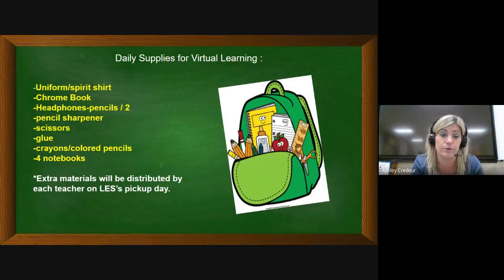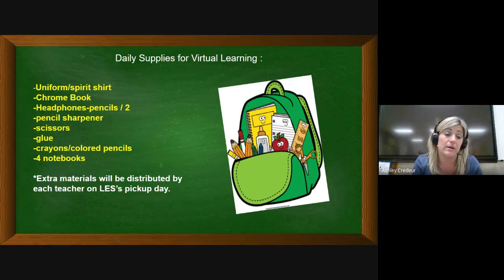Daily supplies for virtual learning. Everyone pretty much has the same basic supplies here in the yellow. Everybody will be required to wear a uniform shirt, a spirit shirt, or any solid color shirt while they are on the virtual learning meets. They will all need their Chromebooks ready to go, and please make sure that they are charged the night before.